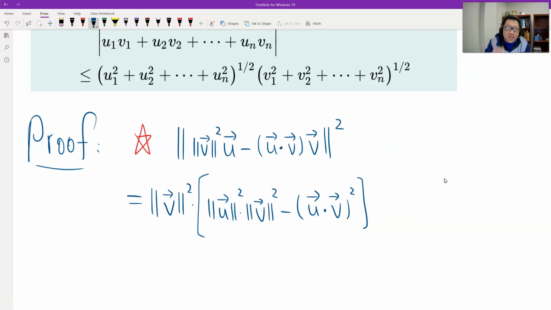Can you see if this is true? Of course, so far we don't know. We will verify this equation.